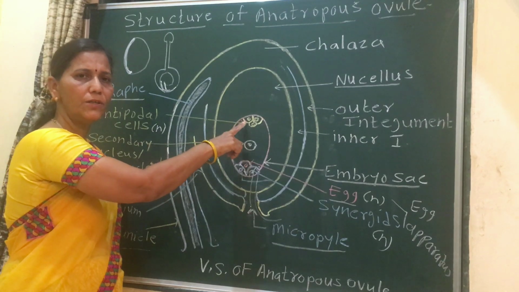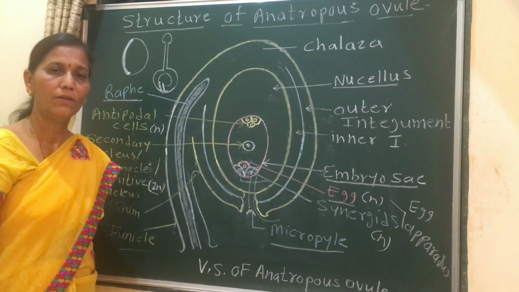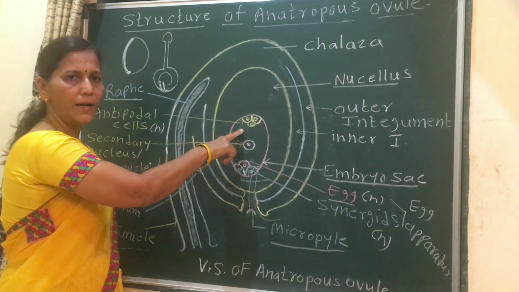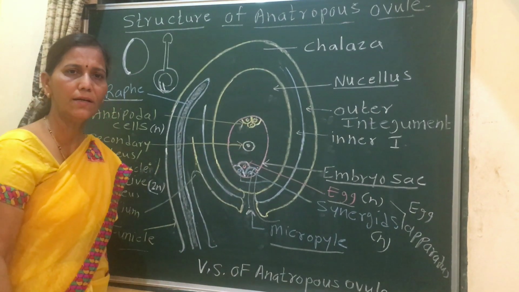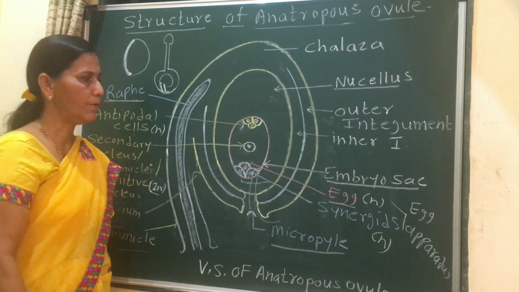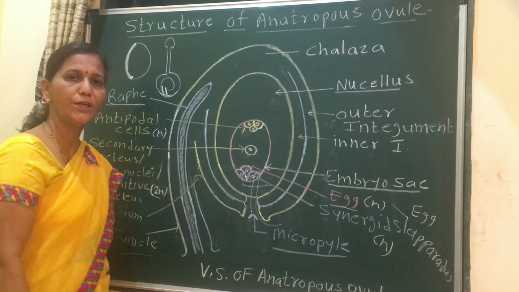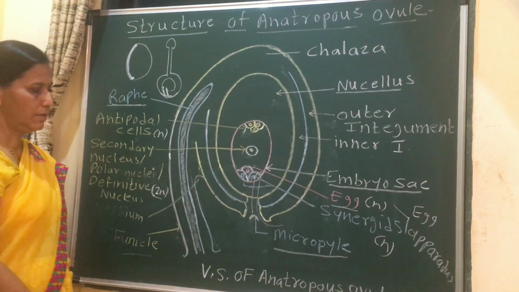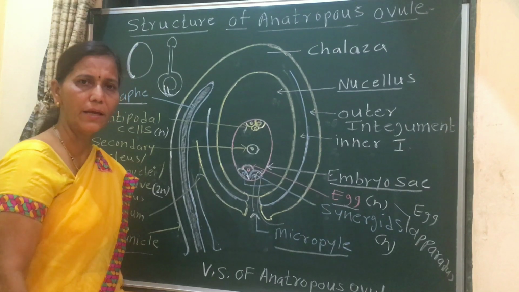Probable function is nutrition. Up till now its function is not known. But probably it is believed that they function as nutritive cells and after fertilization they degenerate. These are the parts of ovule and their function.